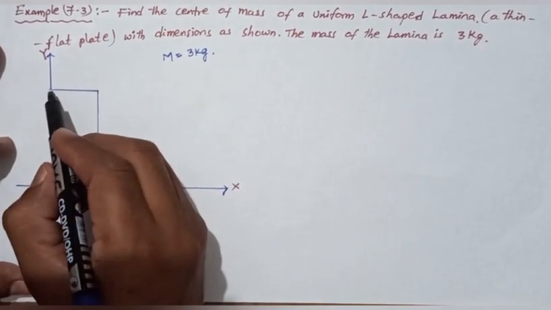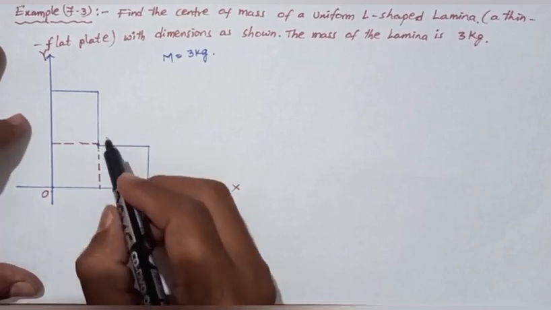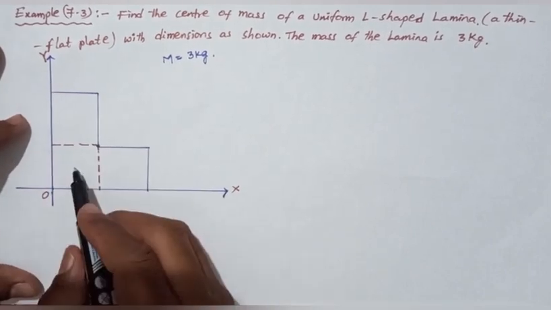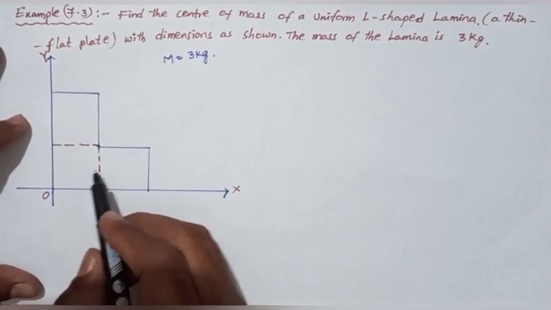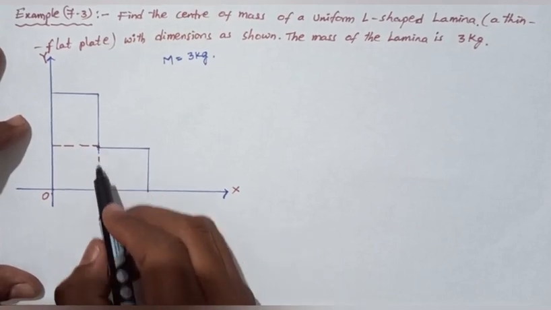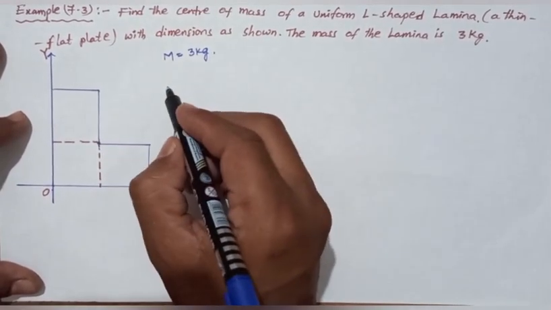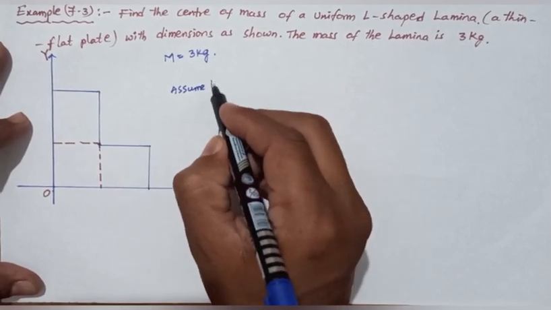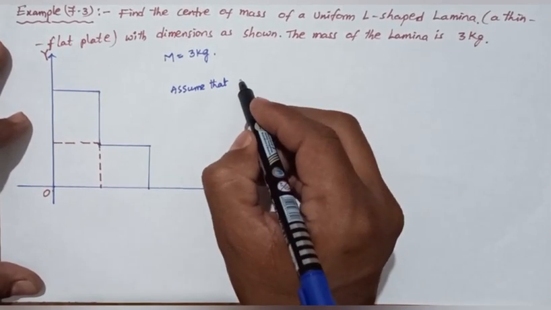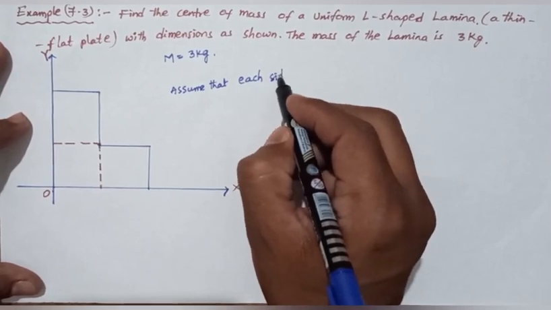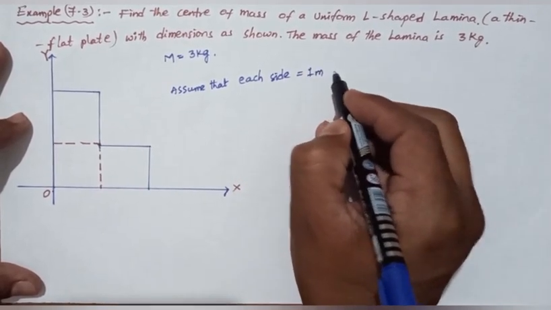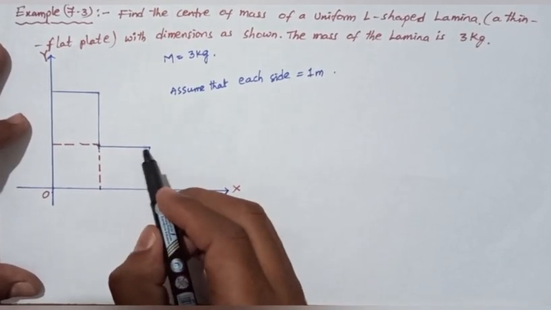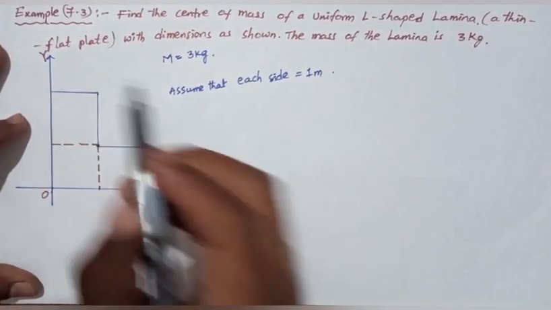It is divided into three rectangular, square shapes. Assume each side is 1 meter, so this is 1 meter, this is 1 meter, and so on.